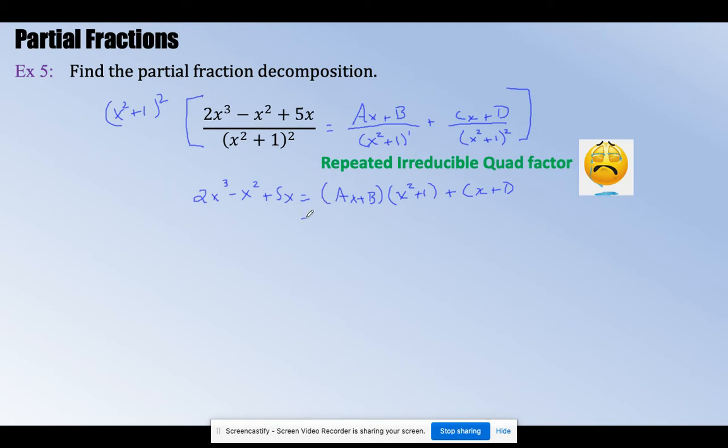Now we just have to do some algebra. The algebra is a little more annoying than the previous problem. Believe in the equal sign.